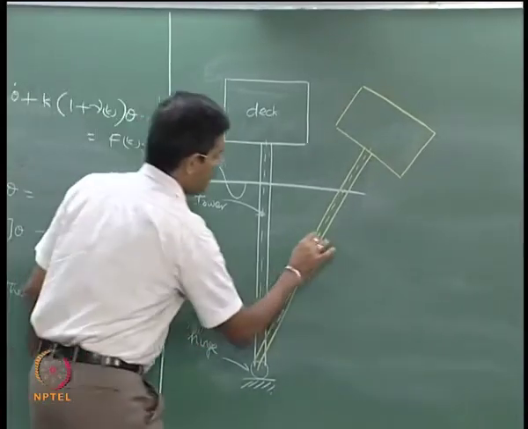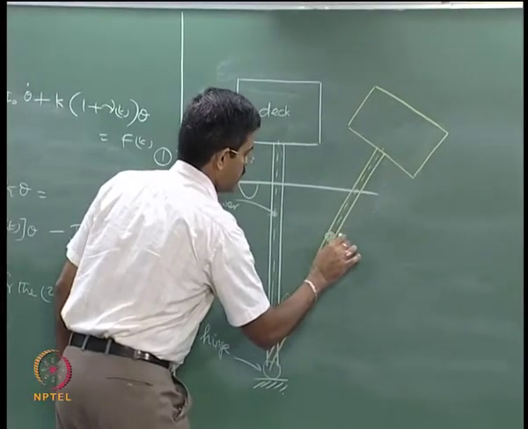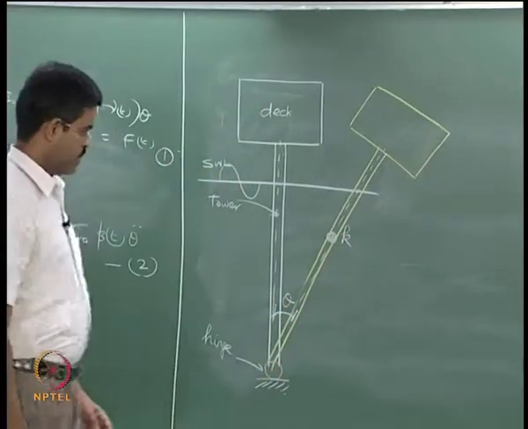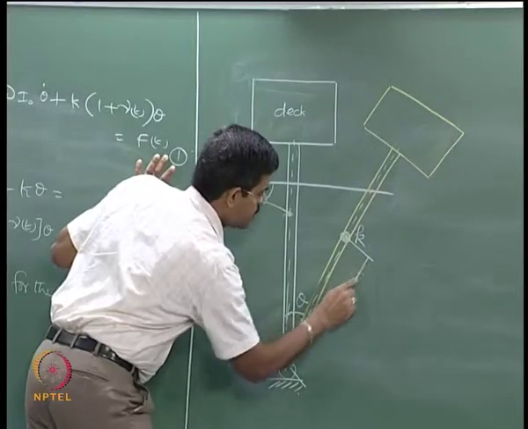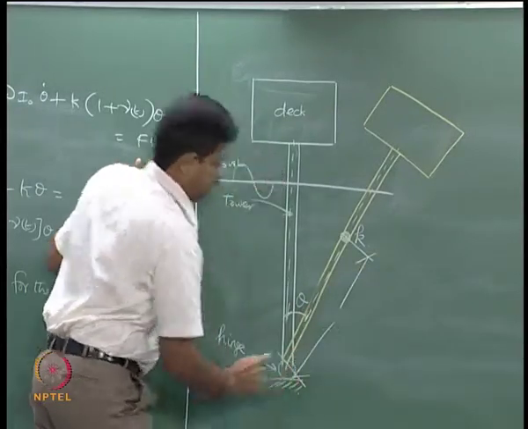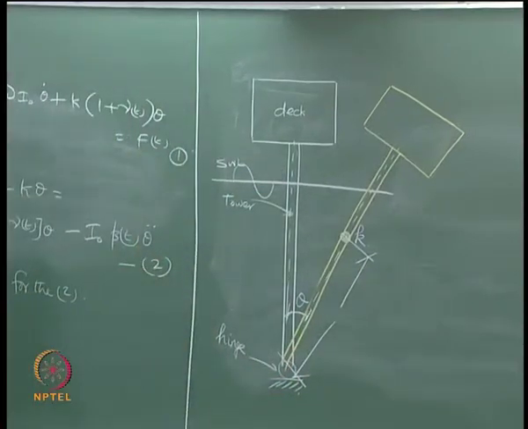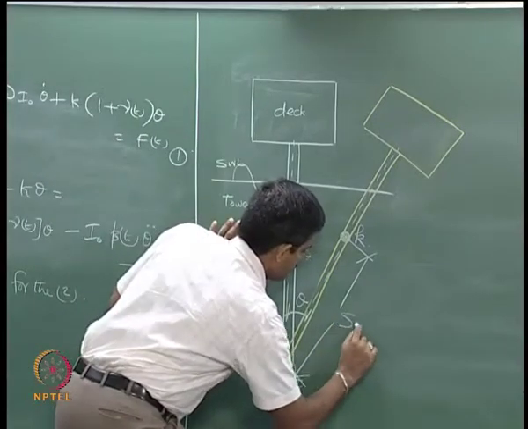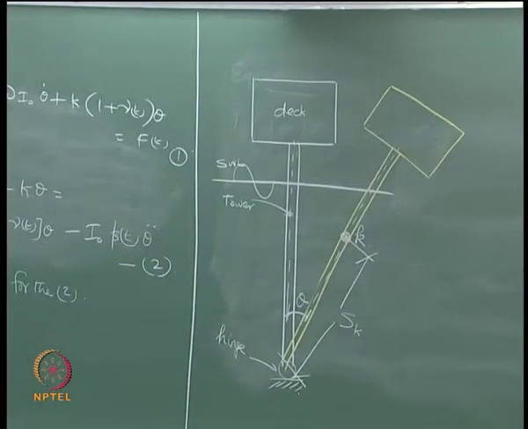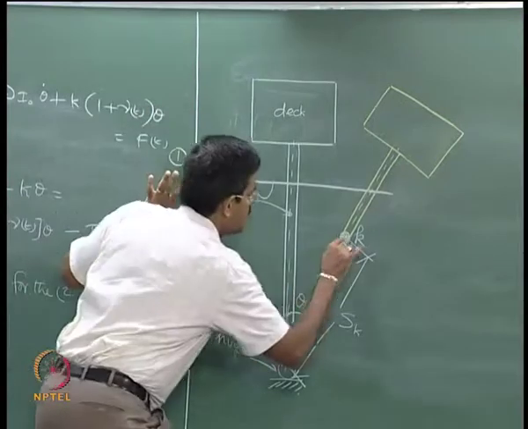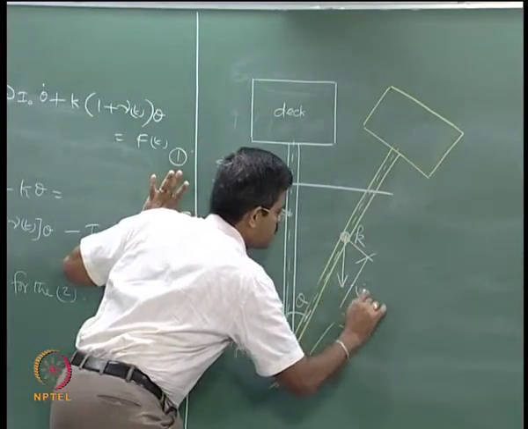So, I pick up any element here, which is k. I call this length of the element from the hinge as Sk, and the element has Wk as weight.